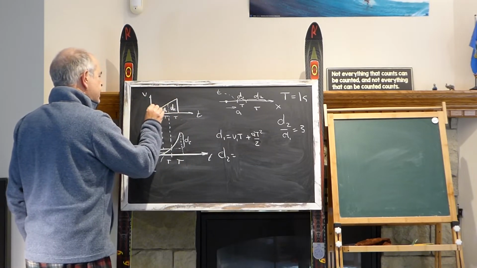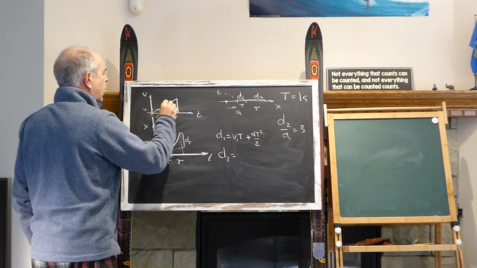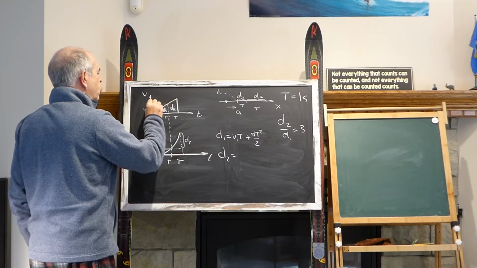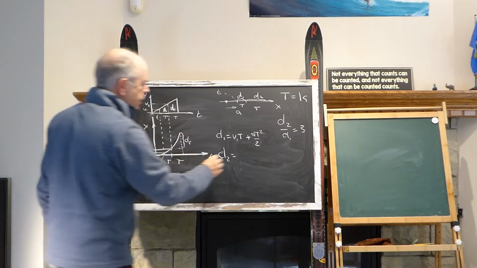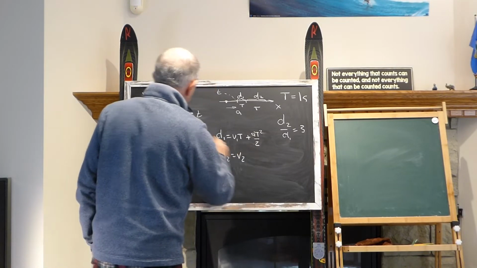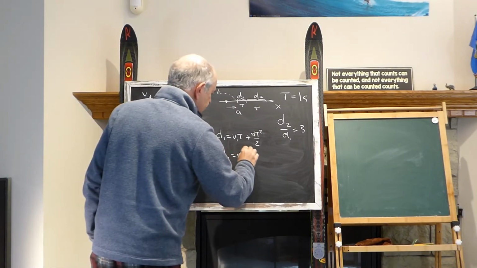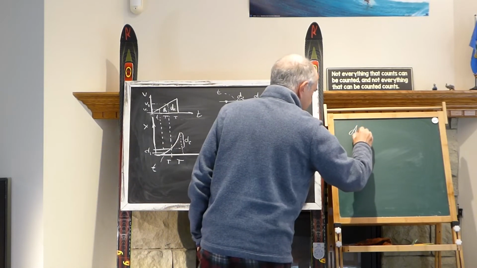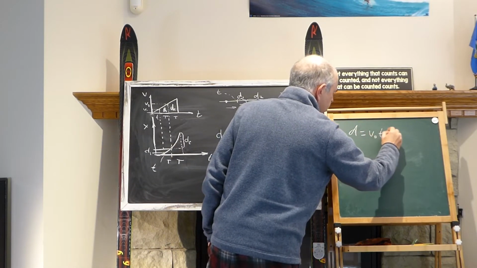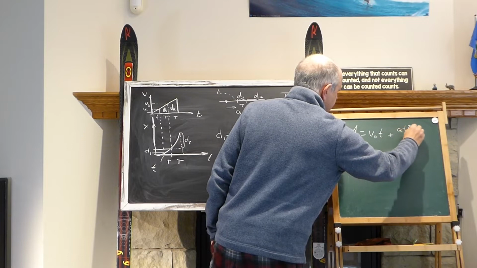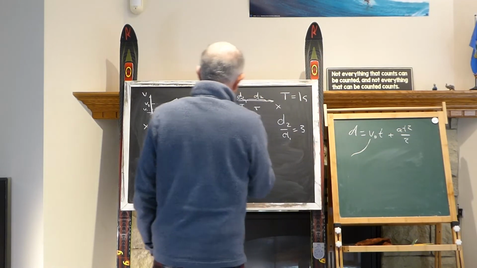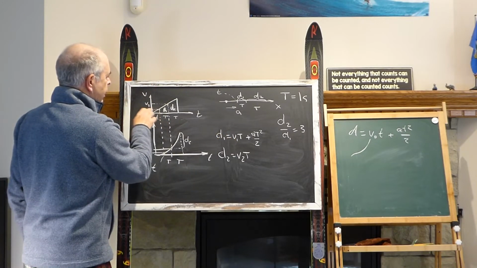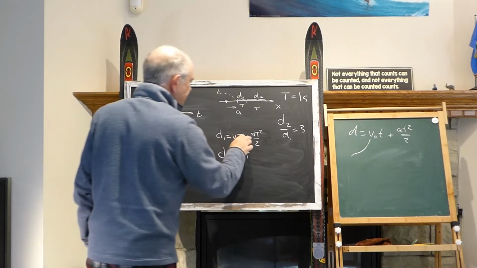so v1 is this speed and v2 is this speed, right? Its initial speed for the period of time T, because remember this formula, d equals v0 t plus at squared over 2. So v0 is initial. In this case, initial is v1 for this period of time.